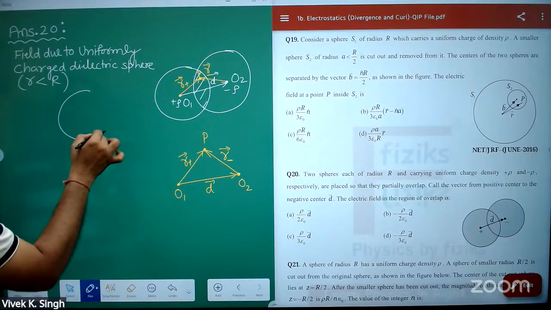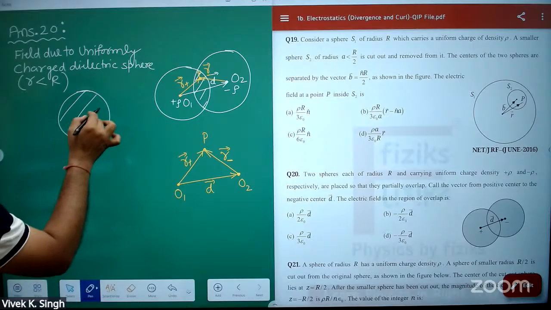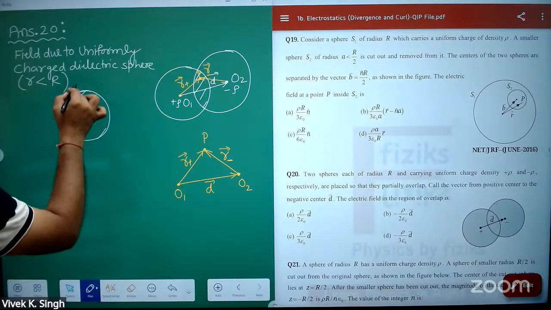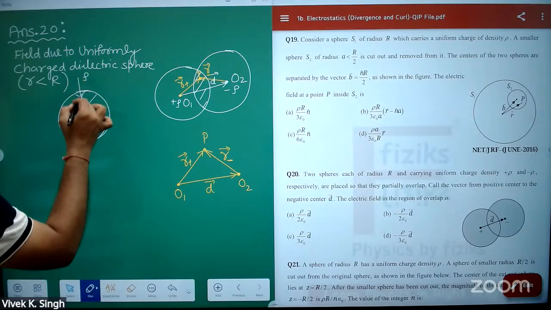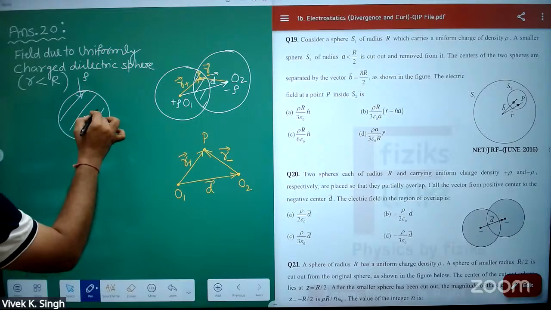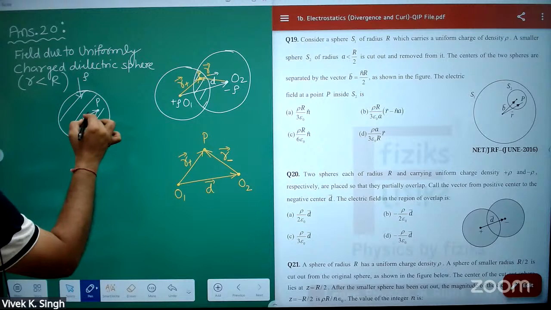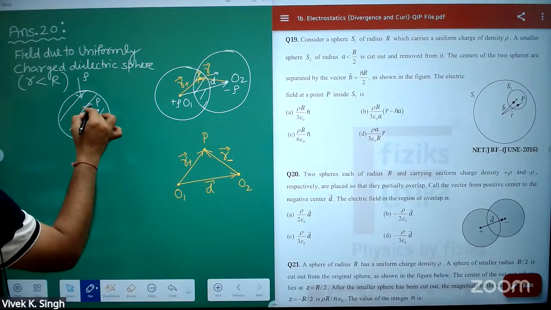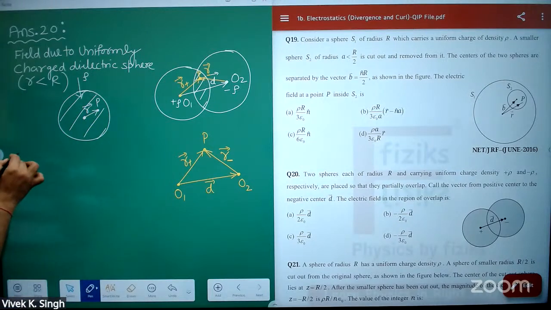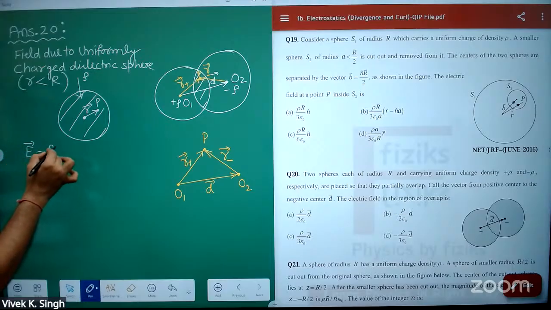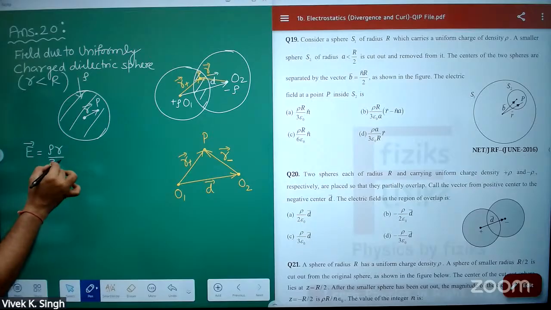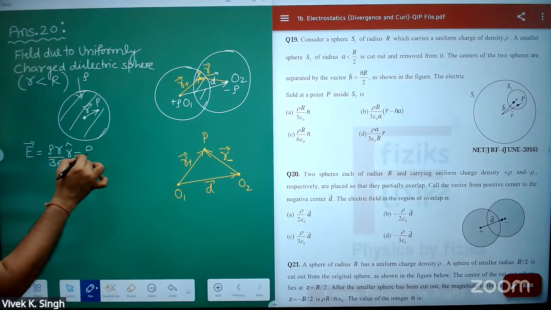If you have a dielectric sphere having charge density rho, at any point P, this vector is R vector. What will be the electric field? The electric field is given by rho R by 3 epsilon naught R cap. Or this is given as rho vector R by 3 epsilon naught.